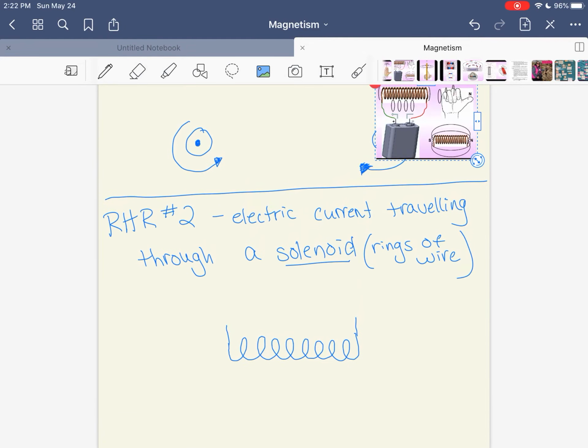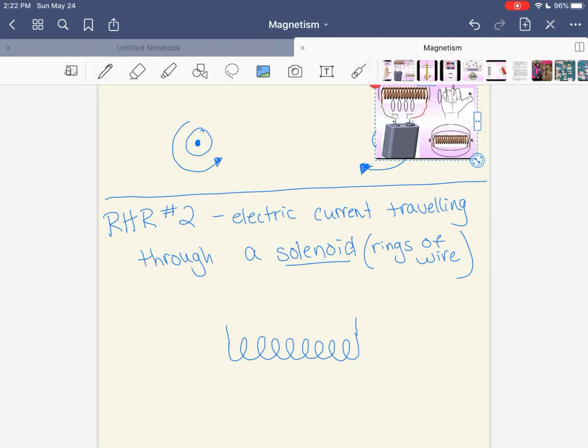All right, so with our right hand rule number 2, we have electricity traveling through our curled wire. So our wire is curled up like a spring, okay? And so the electricity is traveling around in circles. And so with our right hand rule, again, we're using our right hand, okay?